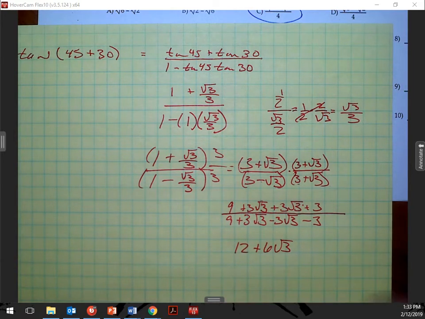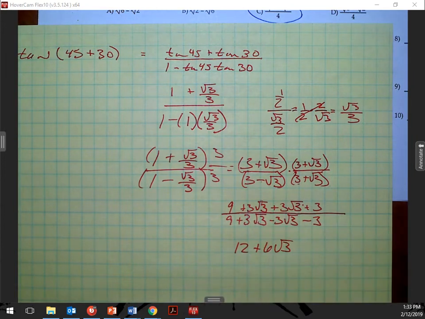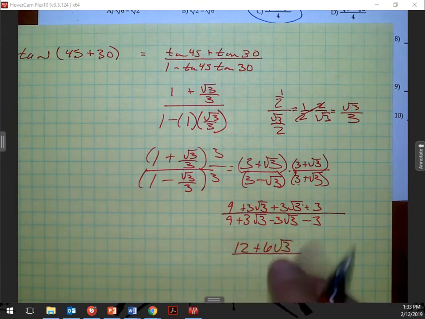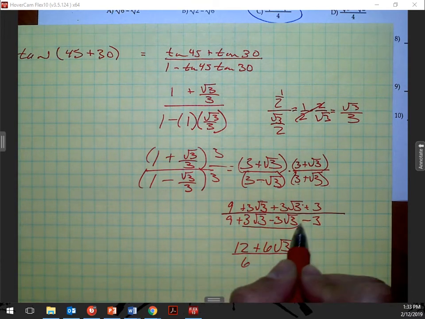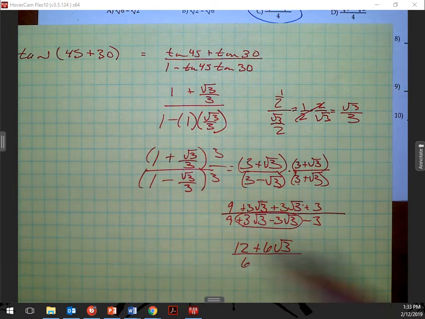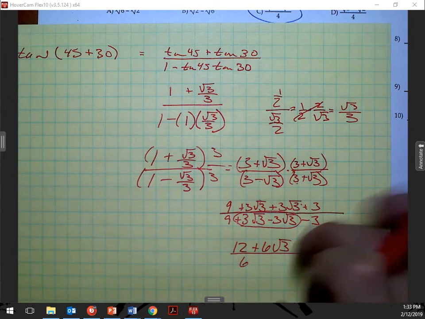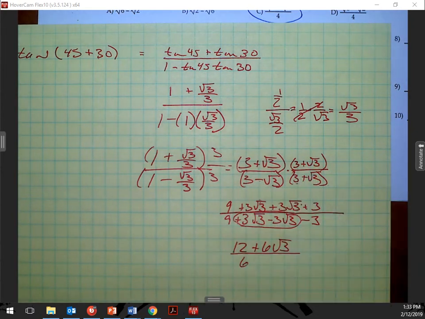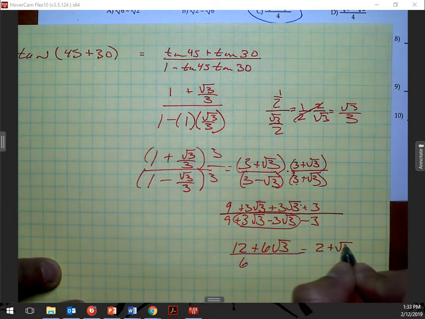All over 6. And what's going to happen to these? It cancels out. That goes away, right? Do everything have a common factor of 6? Yes. So I could reduce everything by a common factor of 6, which is going to give me 2 plus rad 3.